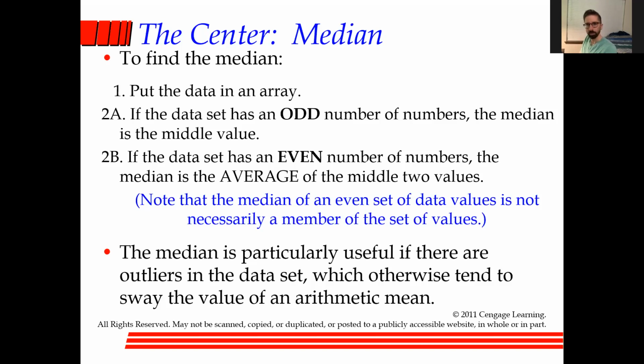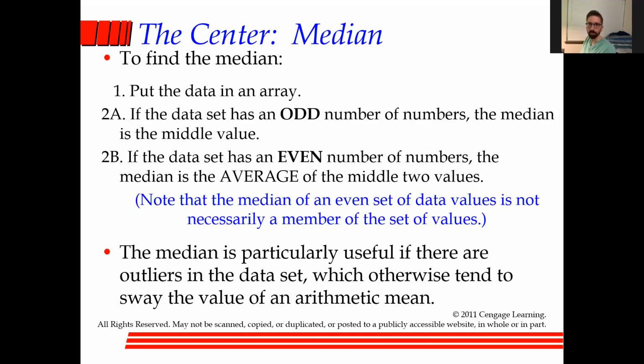Let's assume there are 50 numbers in your data set. You take your 50, add 1, divide by 2, and you get 25.5. And that means the 25th and the 26th positions. Those two numbers, you average, and that's your median.